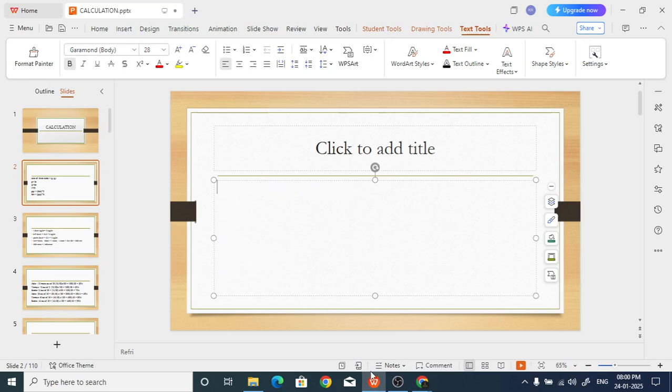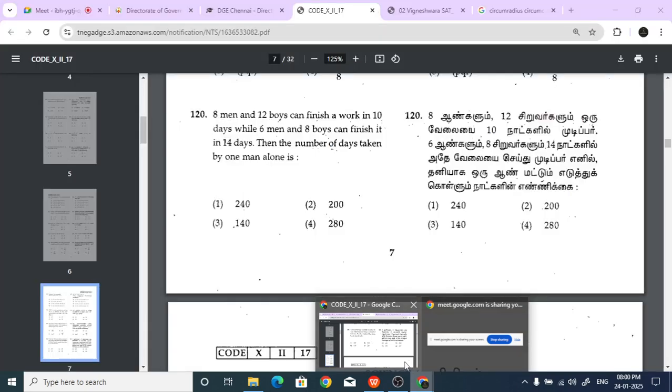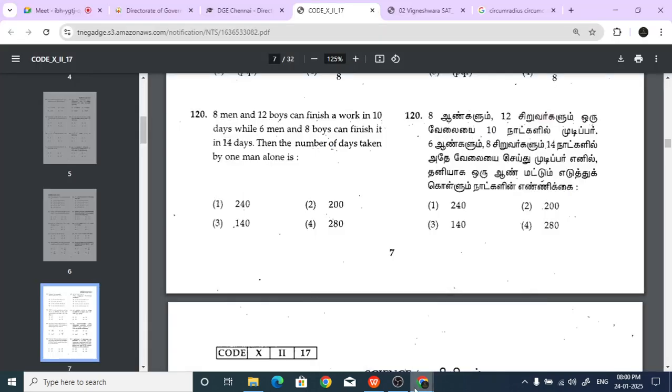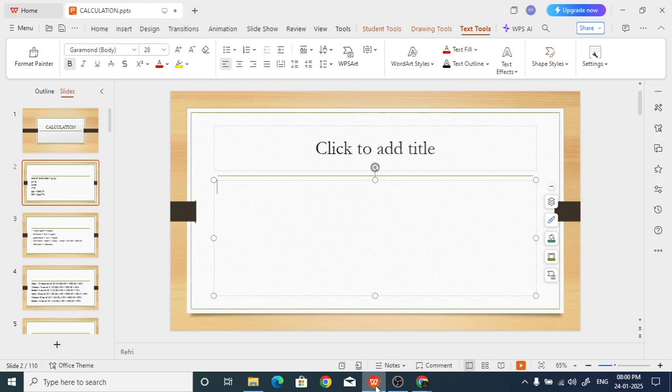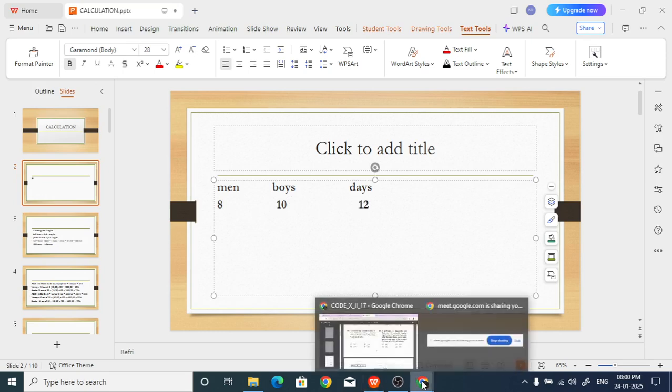So what is the question? 8 men, 12 boys, 10 days. Men, boys, days. 8 men, 12 boys, 10 days. Am I writing it correctly? Yes, sir.